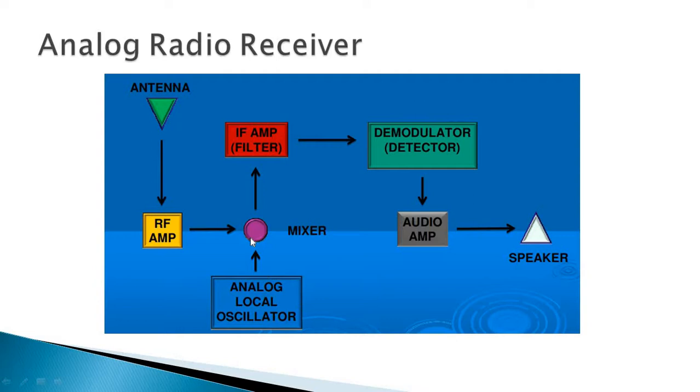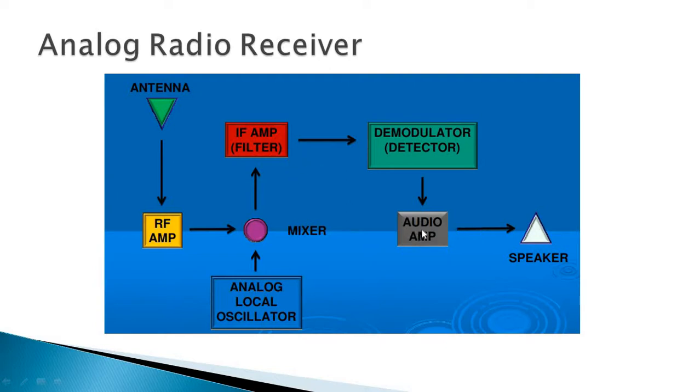Obviously you must have studied this in communication, that when two frequency components are mixed, you get an addition as well as a subtraction component, right? And so you have an IF amplifier and filter. Then the demodulator block, which is also called the detector block, and then it is given to the audio amplifier and then to the speaker.